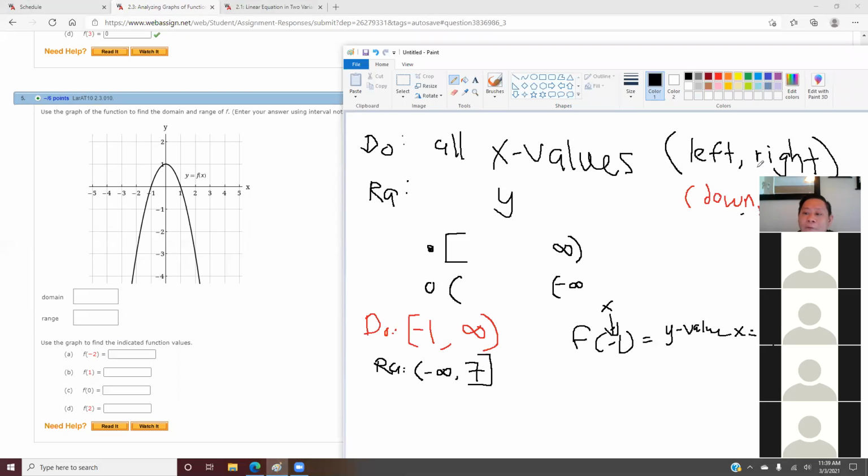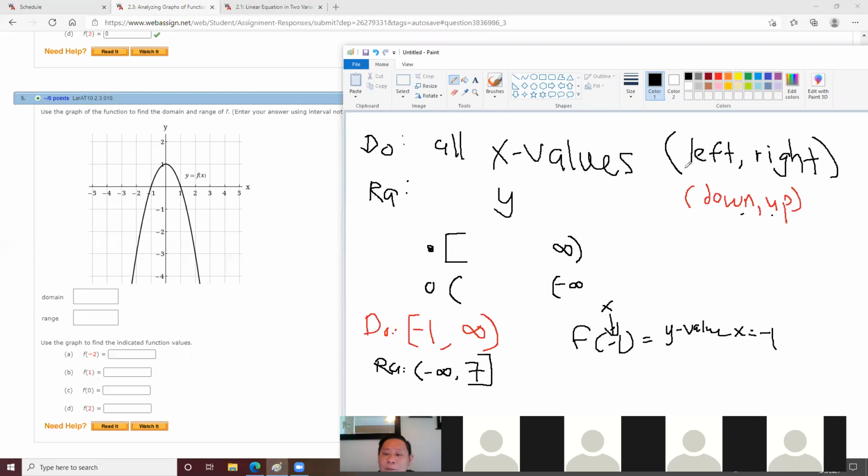Again, domain is how far left this graph goes and how far right this graph goes. Range is down, up. Make sure you go down and then up, and left and right for domain. Don't switch these around, because if you switch these two around, your answer is wrong. So can anyone tell me what your domain is in this case? How far left does this graph go and how far right? Don't forget, this keeps going to where?